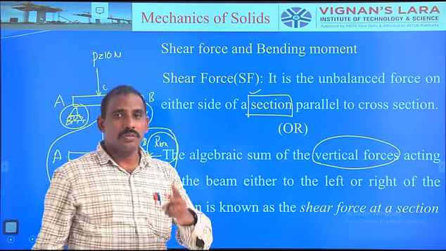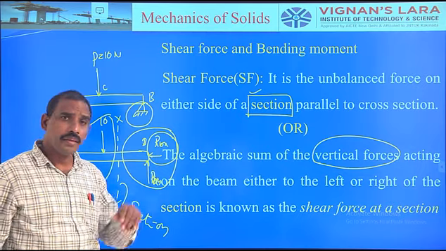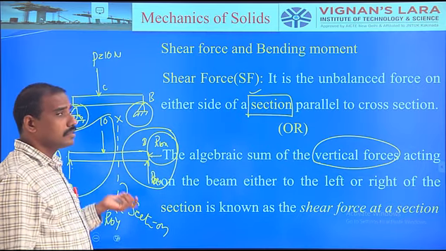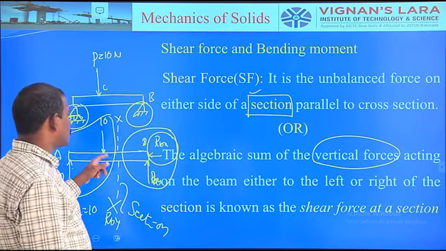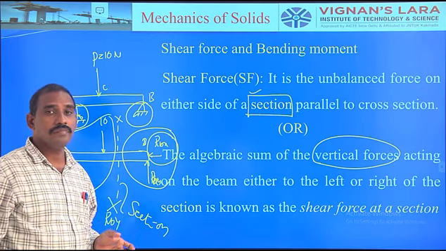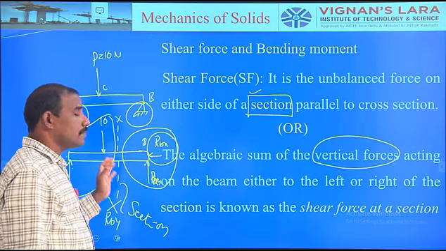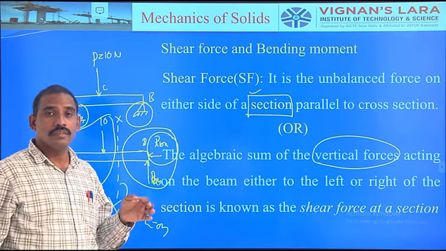It means the beam is divided into two parts, either left or right. What about the unbalanced force left of the x-axis? What about the unbalanced force right of the x-axis? Based on that calculation, you can say at any position what the unbalanced force is vertically. That is the shear force.